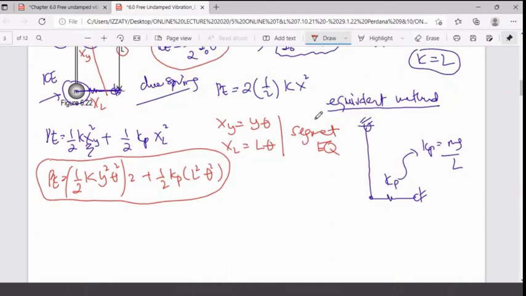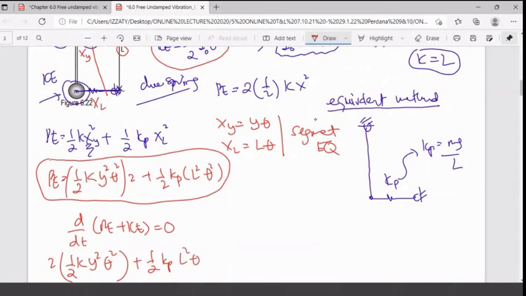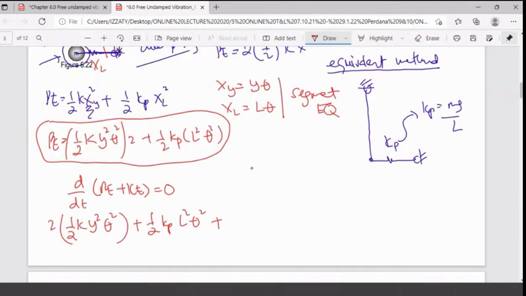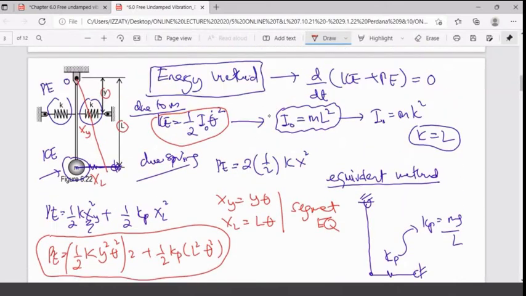As you can, do this one, then you start putting in the equation. So you have d by dt of PE plus KE equal to 0. So I'm putting everything here. So you have half, this one is my k, y squared theta power of 2, multiplied by 2 here. This one is plus half my Kp, this one is L squared theta square, plus you bring this one half, this one is I. And let's say that you already simplify this one, becoming half.